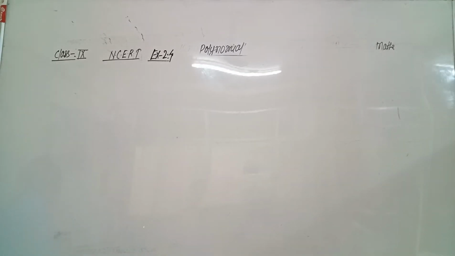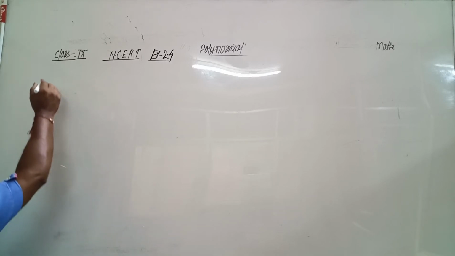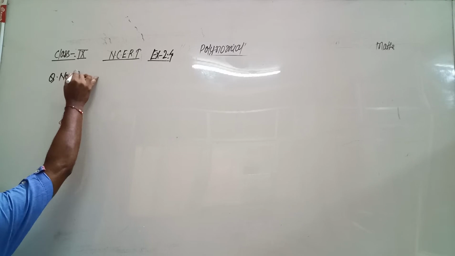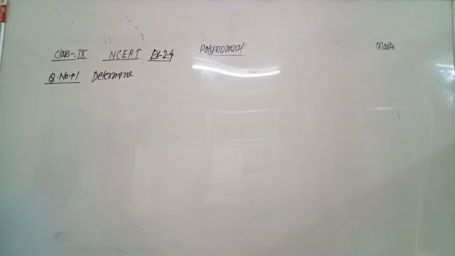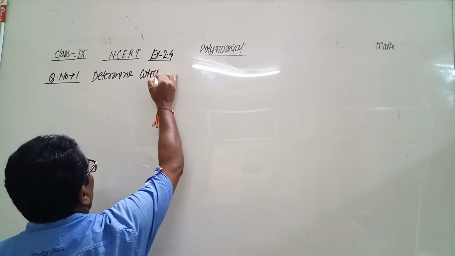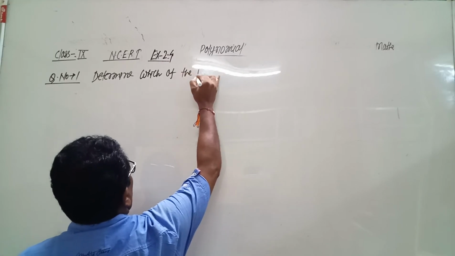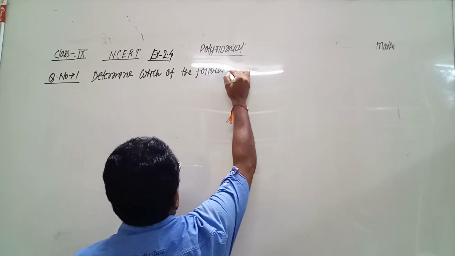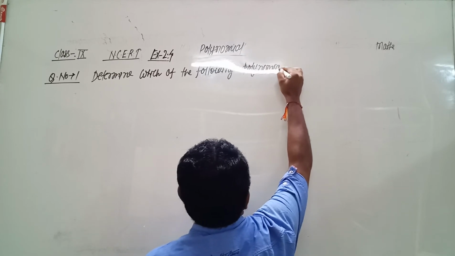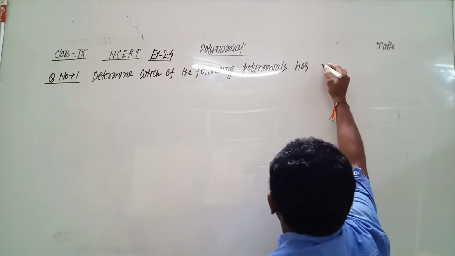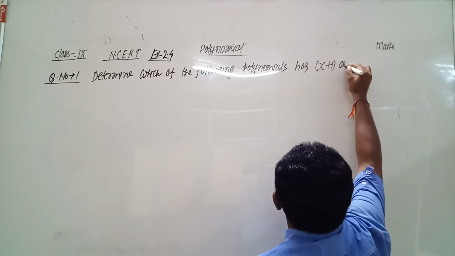Now we do exercise 2.4. The first question is, determine which of the following polynomials has x plus 1 as a factor.